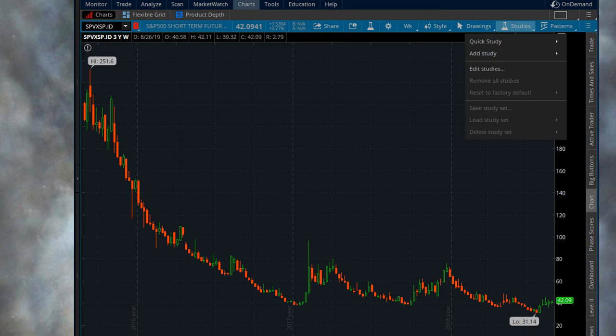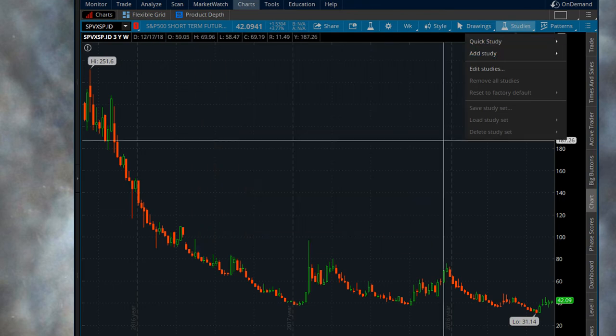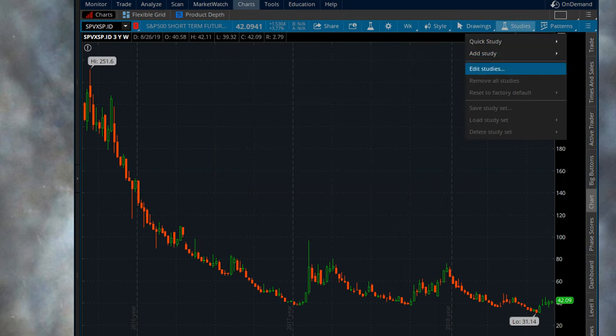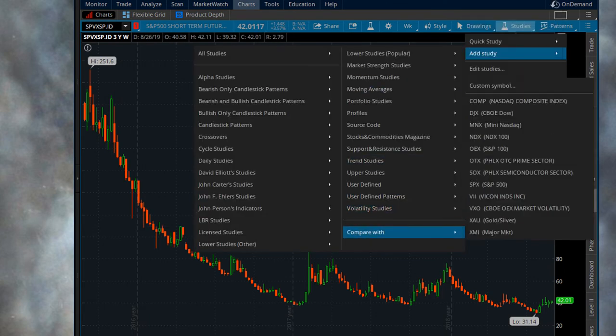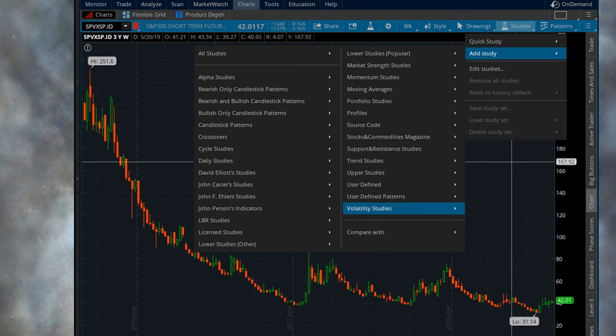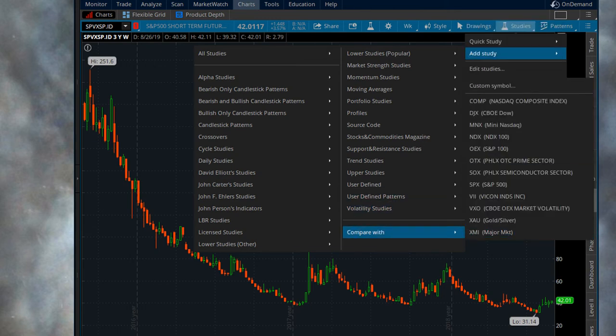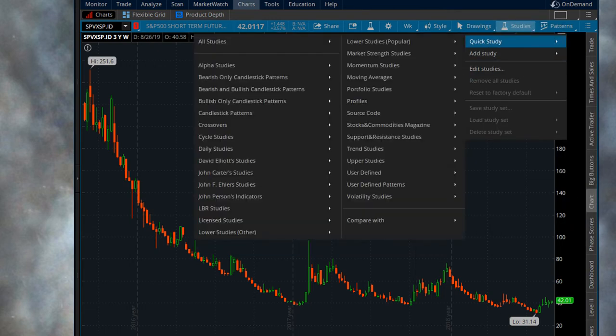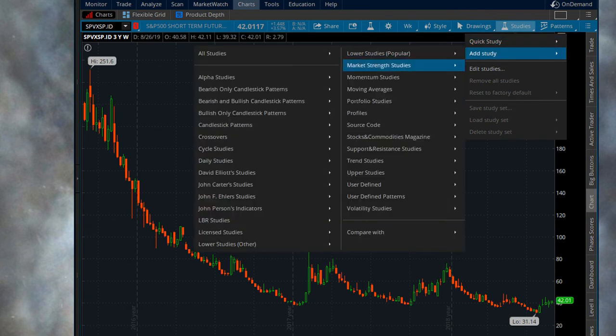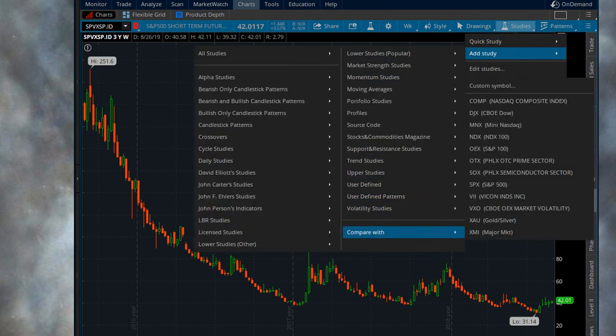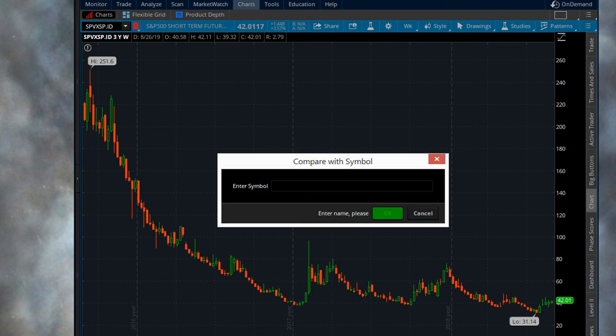And let's overlay UVXY. So I'm going to go to Add Study, compare with custom symbol. Add Study, compare with custom symbol. And we'll add UVXY.